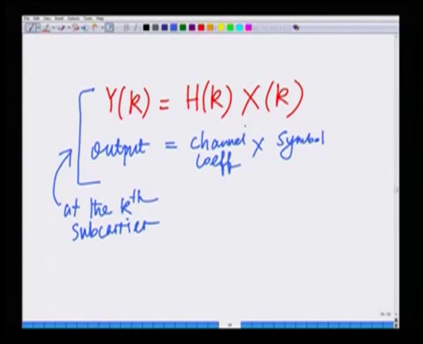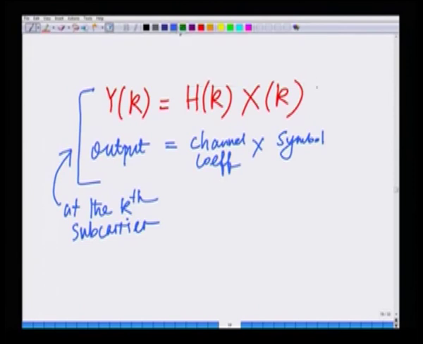Alright, because that is what our main motivation was for using MCM or OFDM, that is to convert this wideband channel, which is a frequency selective channel, into a flat fading channel by removing the effect of inter-symbol interference, and this precisely illustrates that effect, where symbol xk into channel coefficient hk equals yk, that is nothing but a flat fading channel.